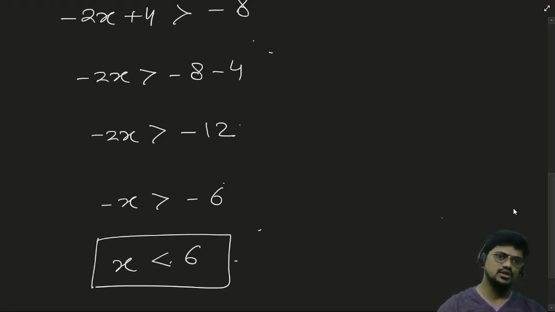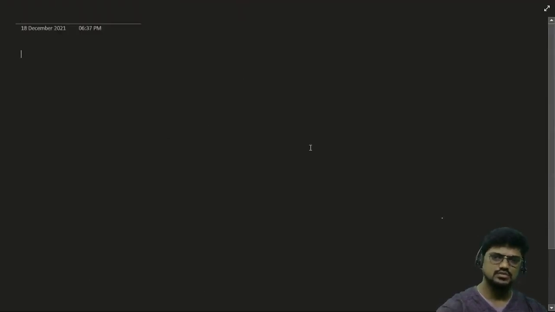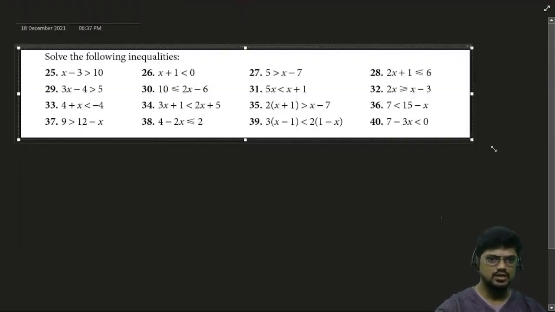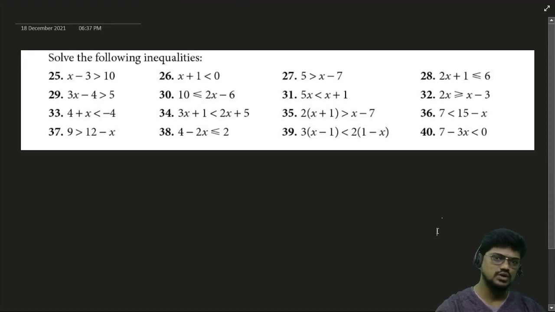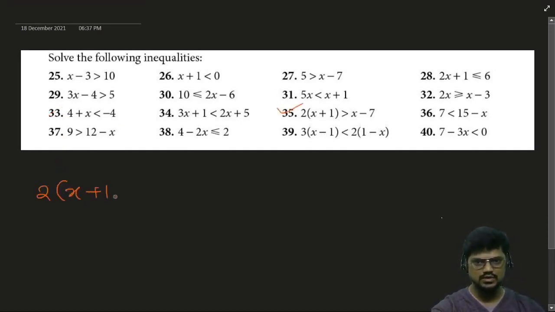Okay? So let's solve some of the questions based on this. If you have this as the questions in inequality, and if you want to solve them, suppose I'm solving this 35th, what you have is 2 into x plus 1 is greater than x minus 7, right?